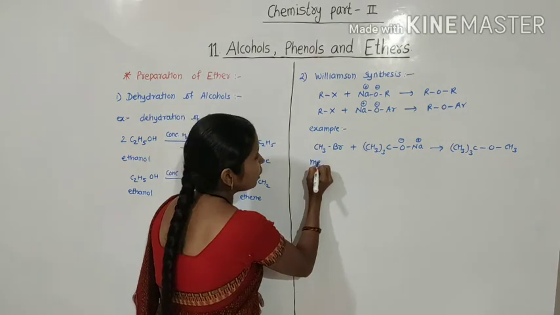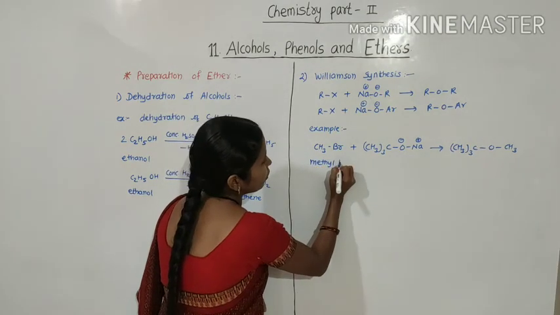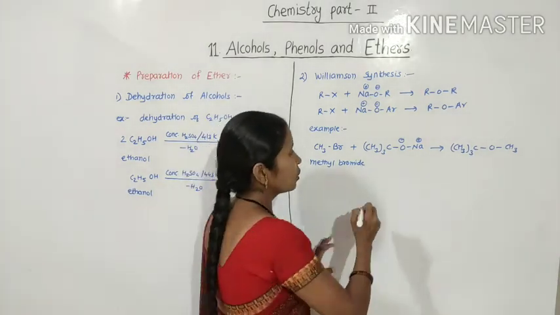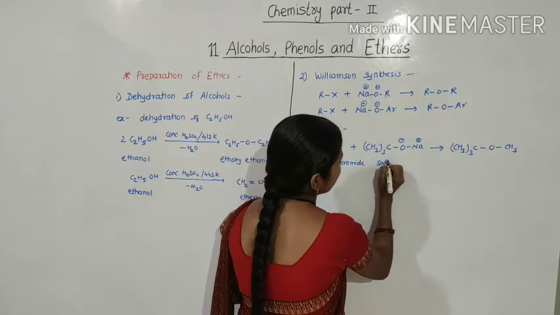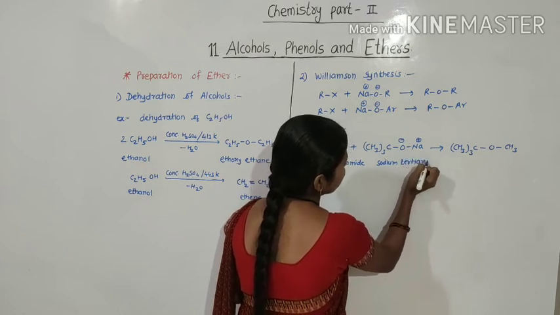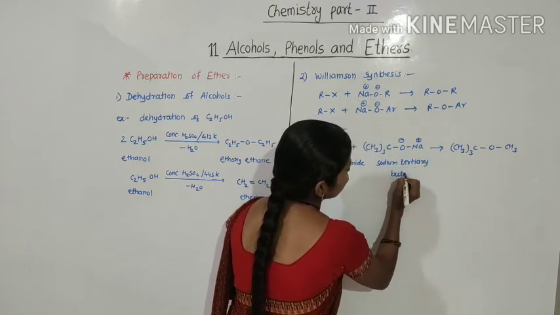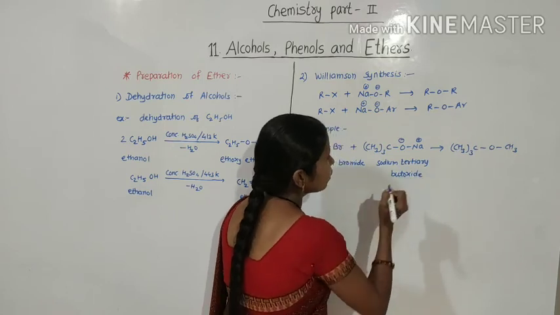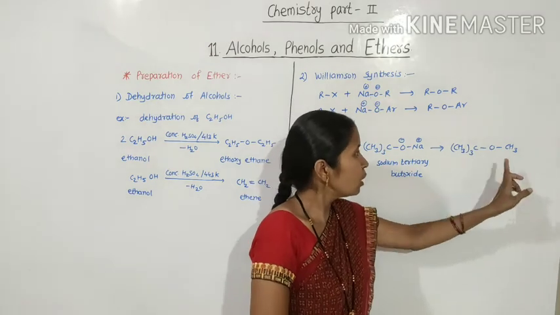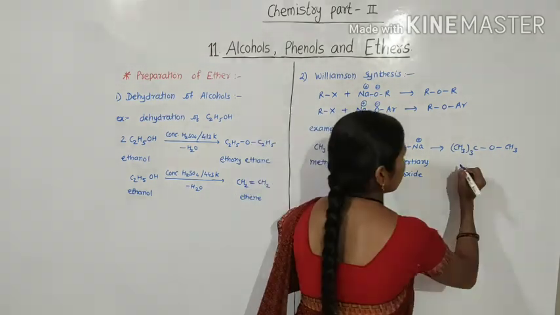We take methyl bromide. Methyl bromide reacts with sodium tertiary butoxide, and we get the product tertiary butyl methyl ether.